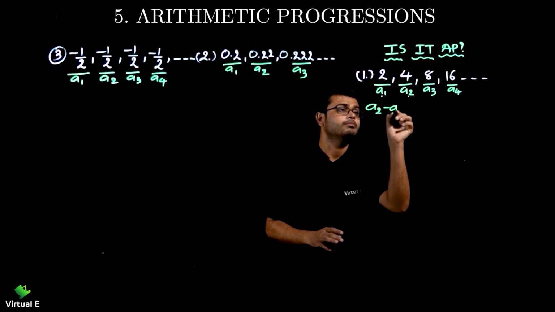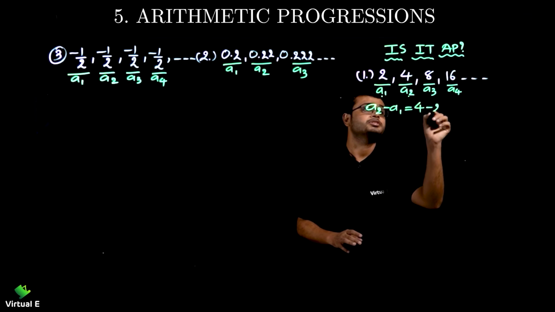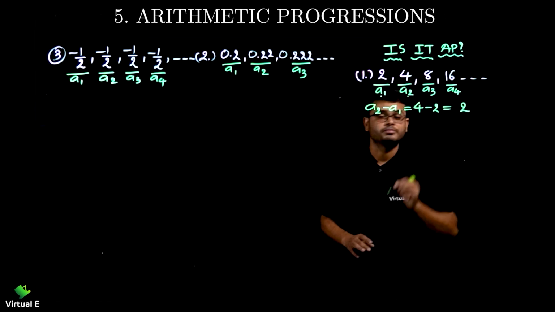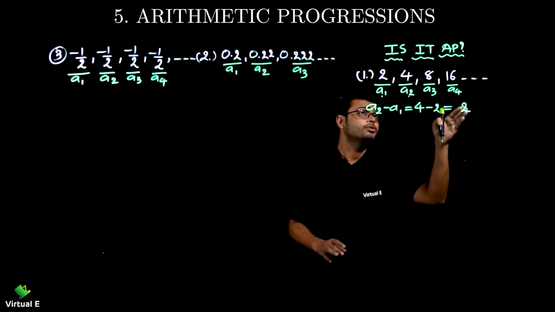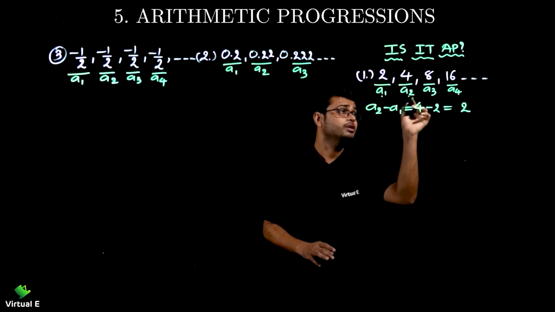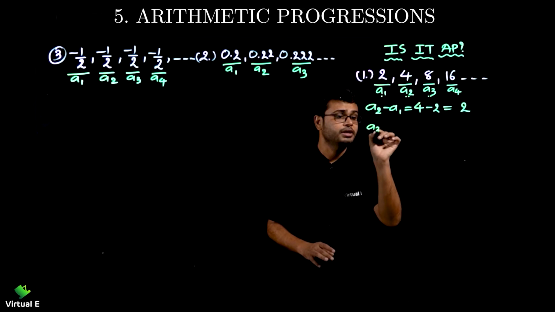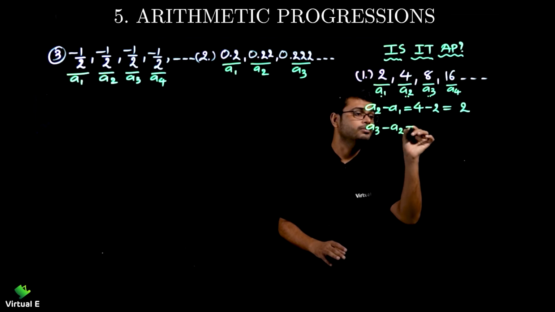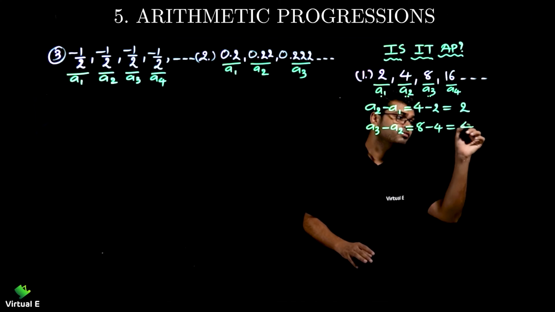So A2 minus A1. What shall I get? 4 minus 2, which is 2. So the difference between these 2 terms is 2. Let's do A3 minus A2. That will give you 8 minus 4 is equal to 4.